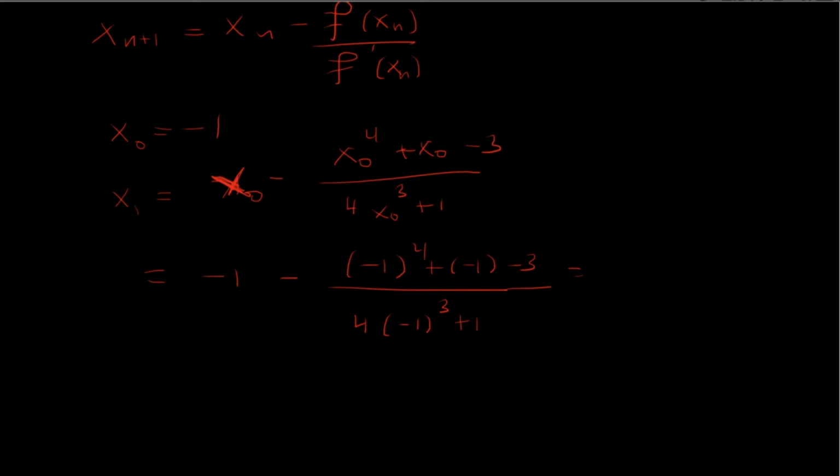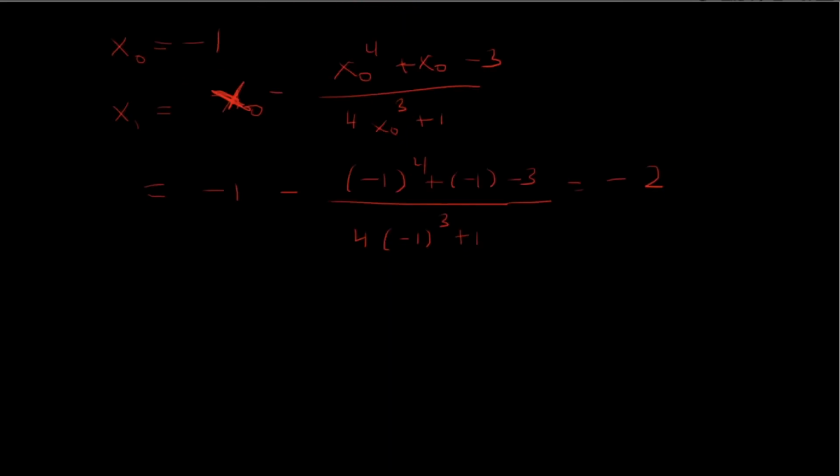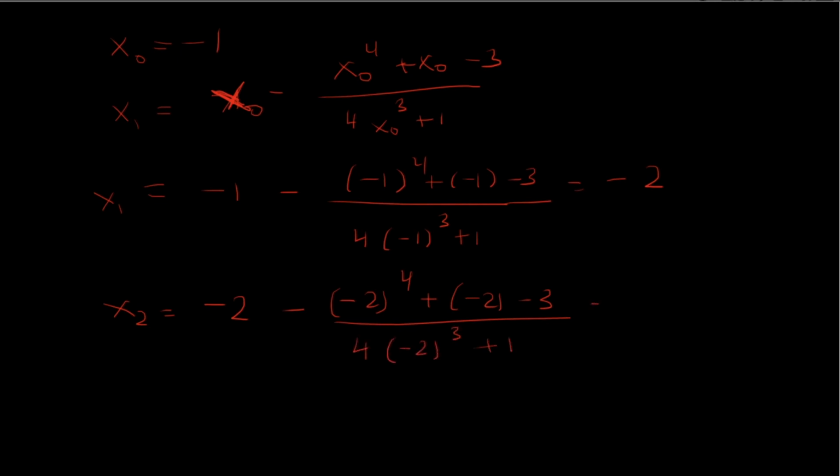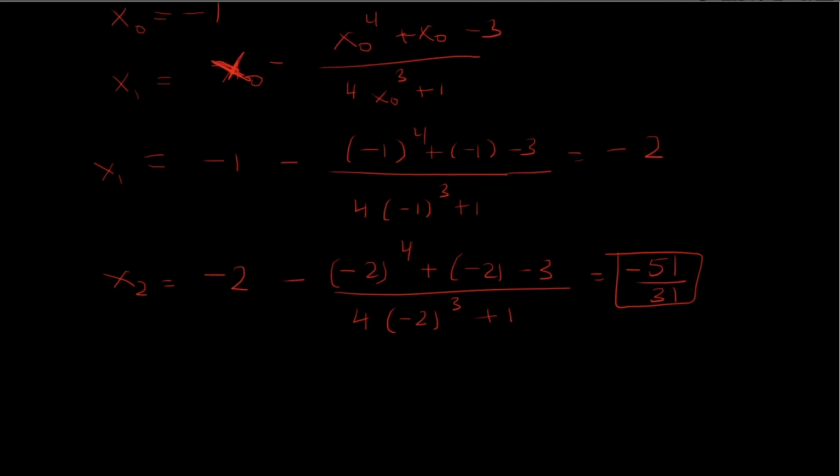And for that, we get negative 2. So x sub 1 is negative 2. Now x sub 2, that's x sub 1 minus x sub 1 to the fourth power plus x sub 1 minus 3 over 4 times x sub 1 cubed plus 1. And that is negative 51 over 31. Okay. So x sub 0 equals negative 1 is complete.